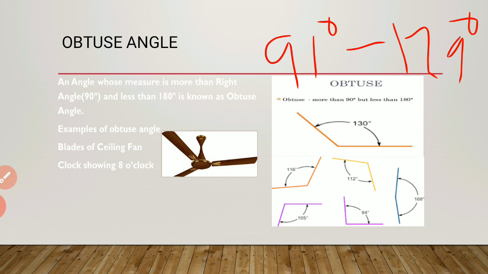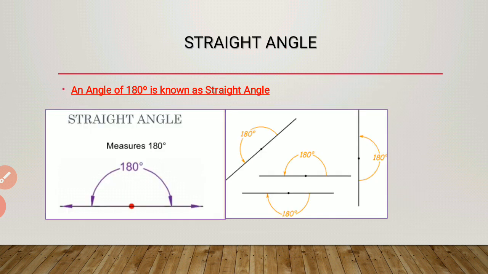Some examples of obtuse angles are 130 degrees, 116 degrees, 112 degrees, 105 degrees, 94 degrees, 168 degrees, and 91 degrees. You have to make different obtuse angles using your compass.